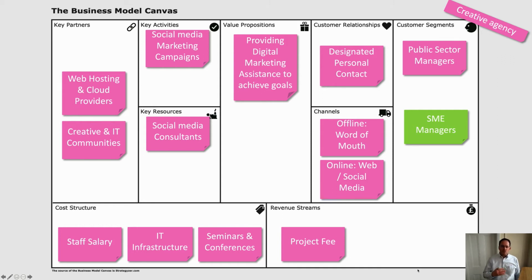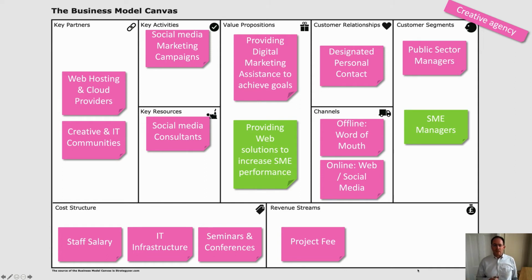The reputation was helping them establish the relationships, and so they added a new value proposition and some extra services, because the SME managers were interested in performance. They wanted to reach more people, get them into their sales pipeline, and actually generate more sales, more revenue.